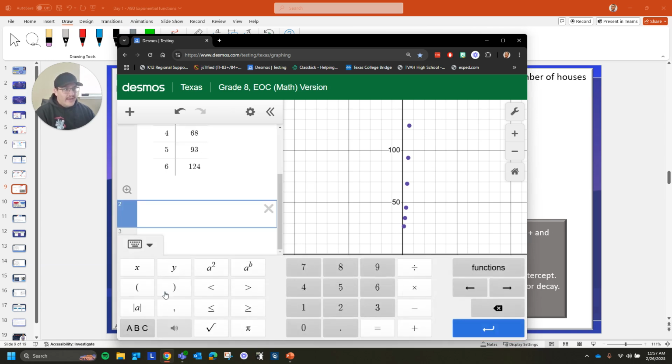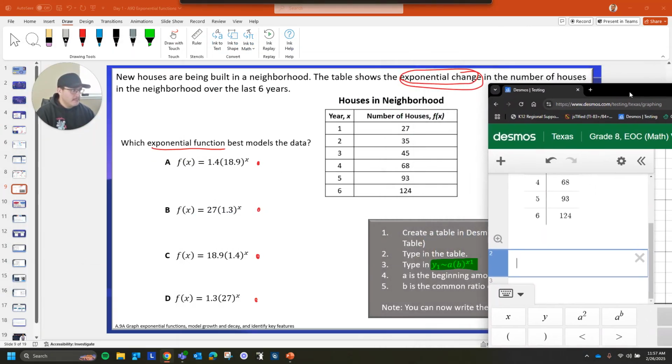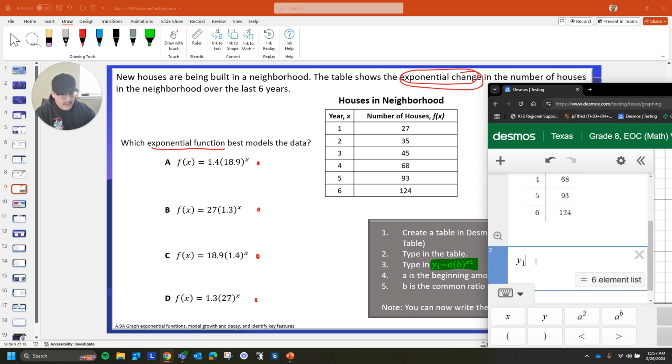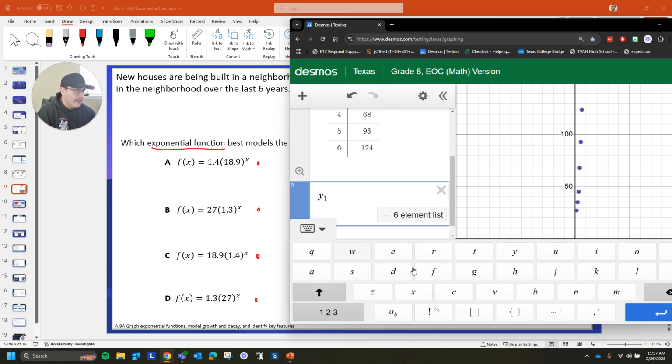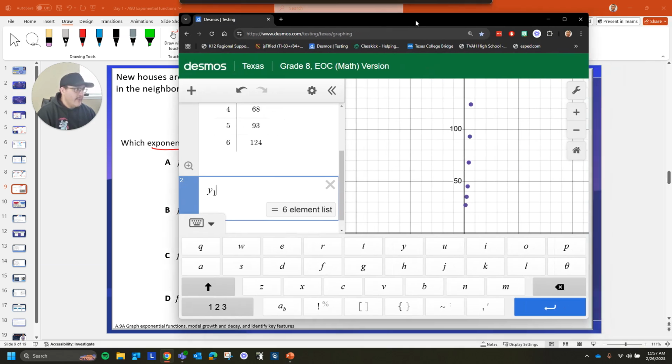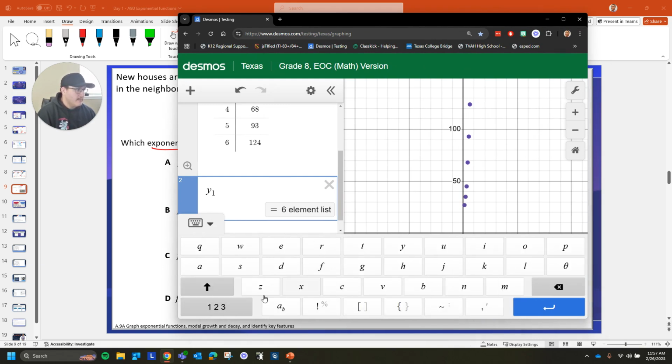Now on the next line is where we're going to build our equation. That equation that I have right here, we're going to type it in exactly as we see it. y1, and then to get the squiggly, you can use your keyboard around here to find those different things. You may have to click around to figure out where they're at. I see it right here.